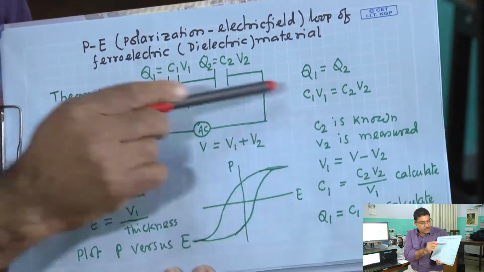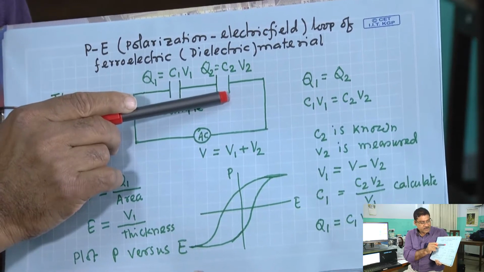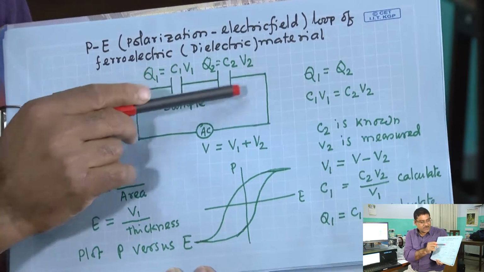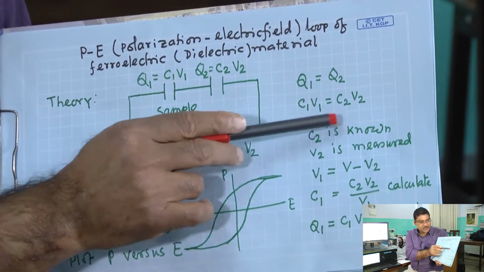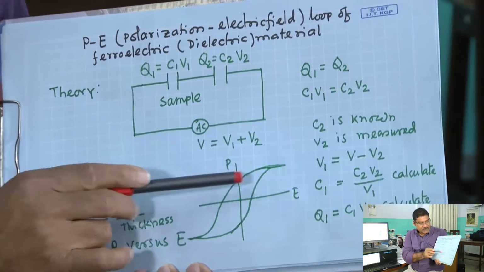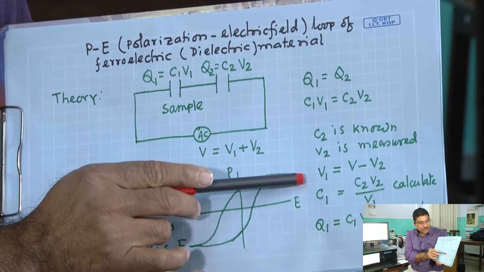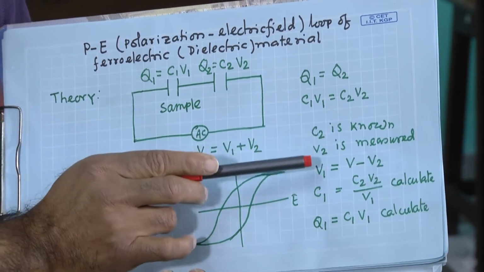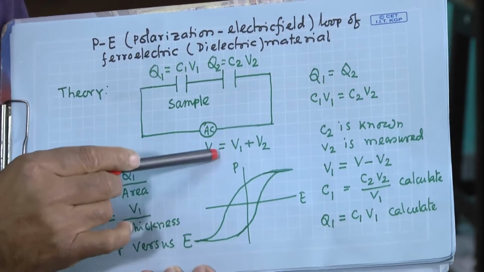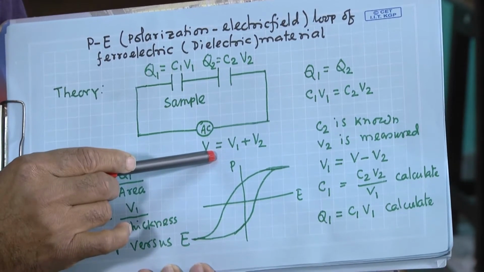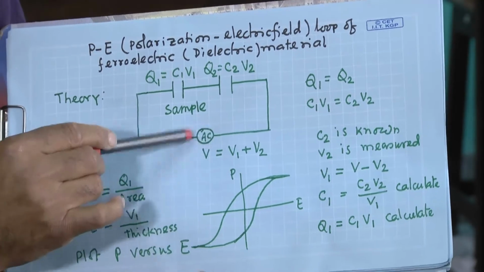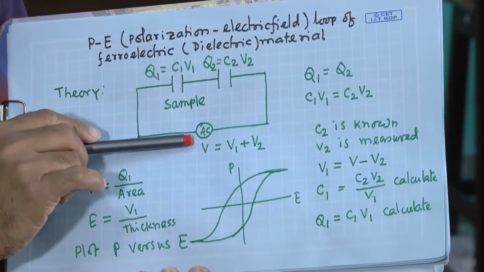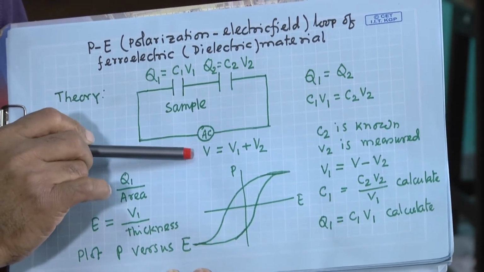So, V2 will be measured across the known capacitor C2, and then the corresponding V1 I will get as V minus V2, since V is also known, being the applied voltage.